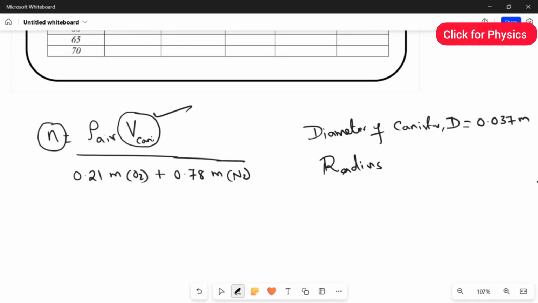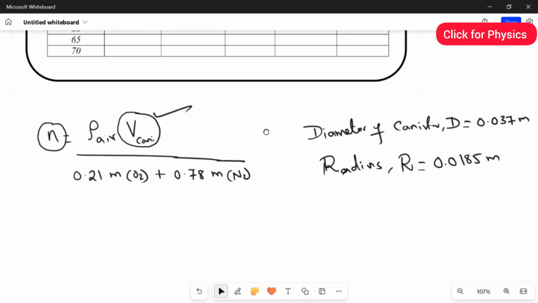So for this we need the radius of the canister. When you divide this value by 2, you will get the radius, which is equal to 0.0185 meter. So please don't get confused about the letters, because here we are going to use R for gas constant, or for radius.